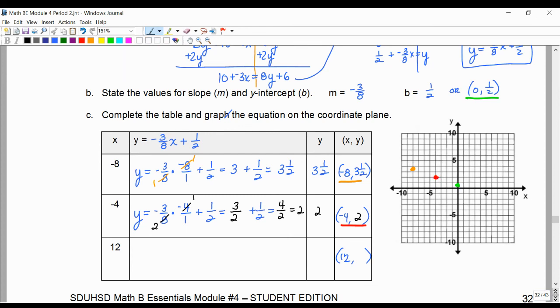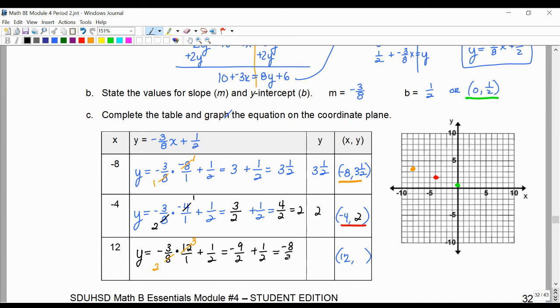And the last one, this one's a little trickier, like I just mentioned. A number that goes into 8 and into 12 is 4. Let's bring over the half while we think about this. This time it's going to be negative. 3 times 3 is 9. 2 times 1 is 2.